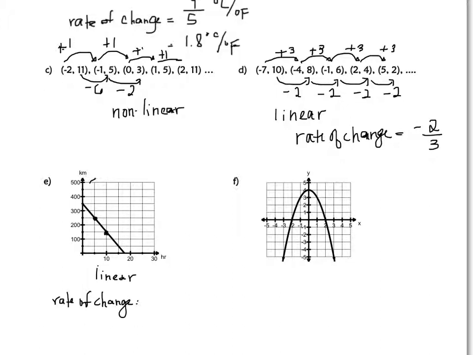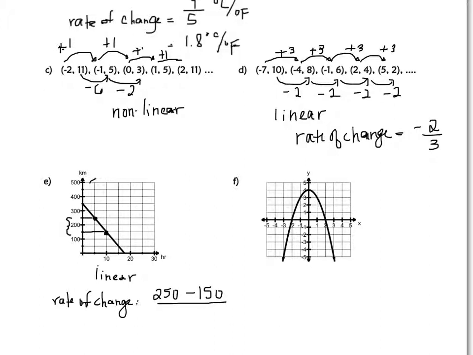And if you look at the rate of change, or change in the y coordinates over the change in the x coordinates, from this point to this point, the change in the y coordinates is 250 minus 150.